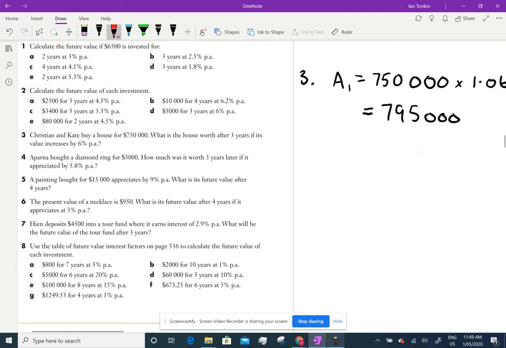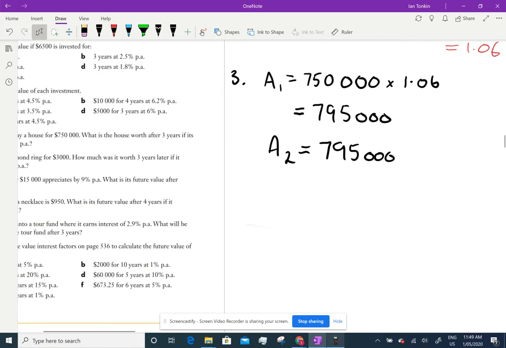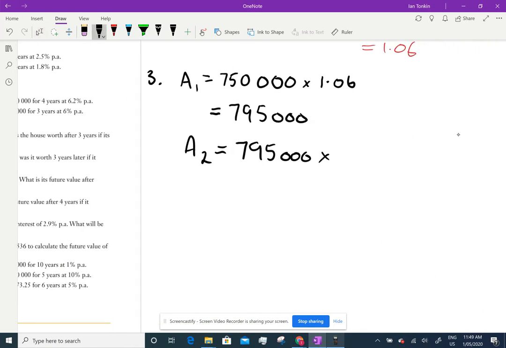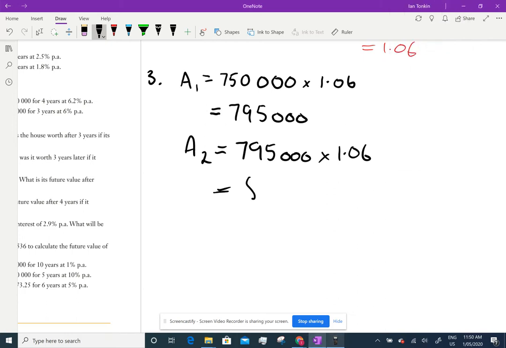Okay, so after 2 years, I've got another 6%, but this time the house is worth 795,000, and I'll multiply by 1.06 again. So let's take my answer and times by 1.06. That gives 842,700.